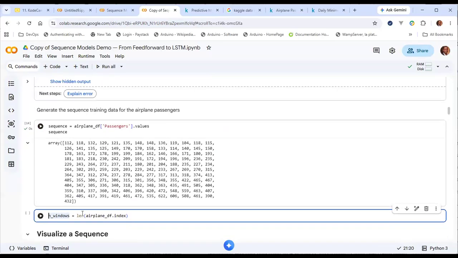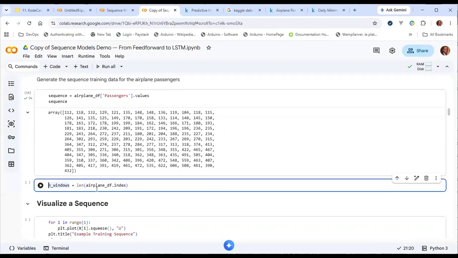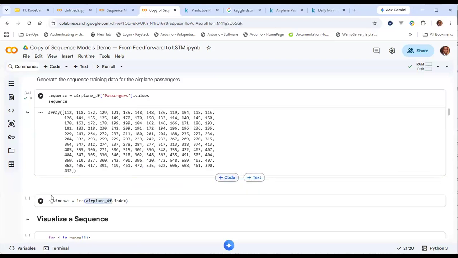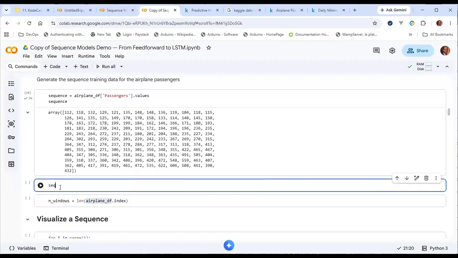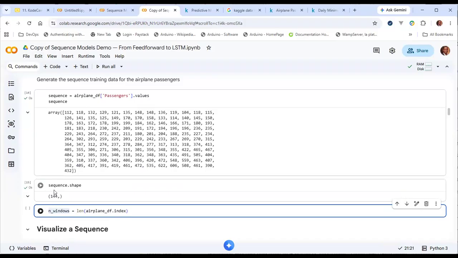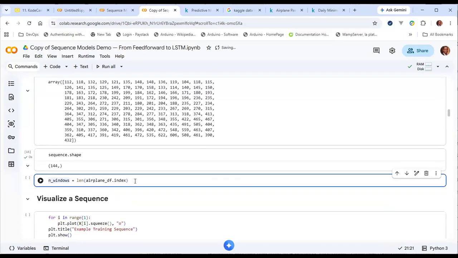We will take the shape as well. It's just one dimension, a vector.